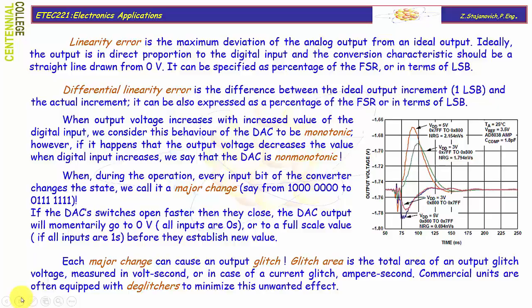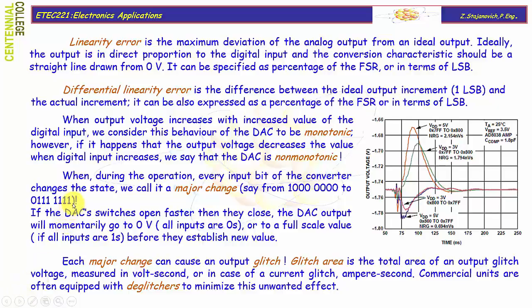When during the operation every input bit of the converter changes state, we call it a major change. Let's say we have an 8-bit input word and the last value was 1000 and then 4 zeros, and this value is changed to 0111 1111.